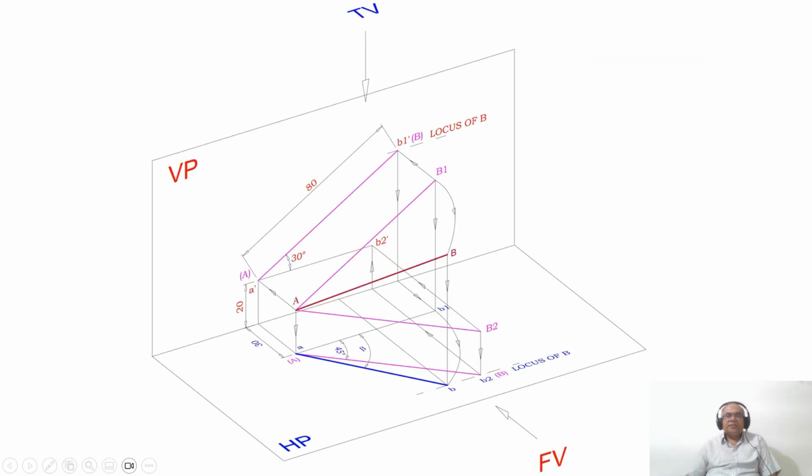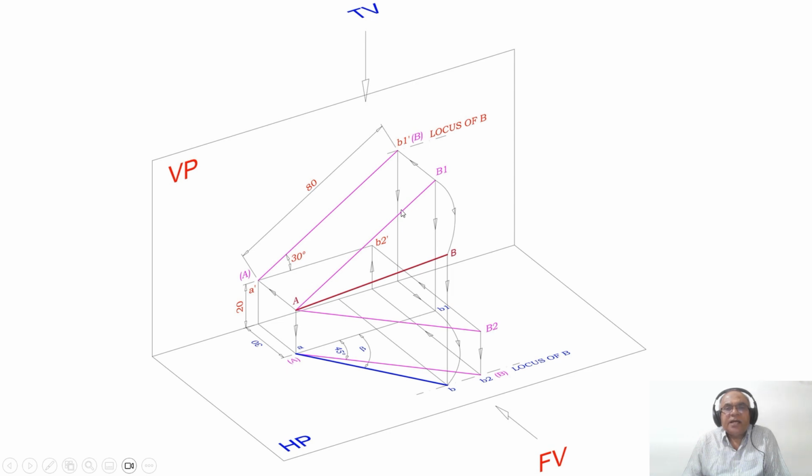So how to do that? Let us see. Now you can see here what we have done. With A as center, taking the radius of AB1, because that is the line in space, the true length in the vertical plane, I am rotating such that B1 will cut the locus of B in the top view.